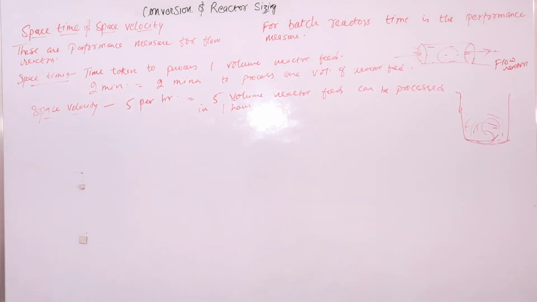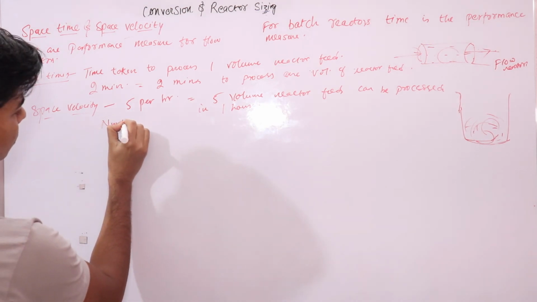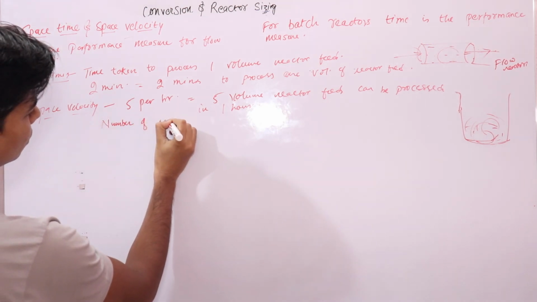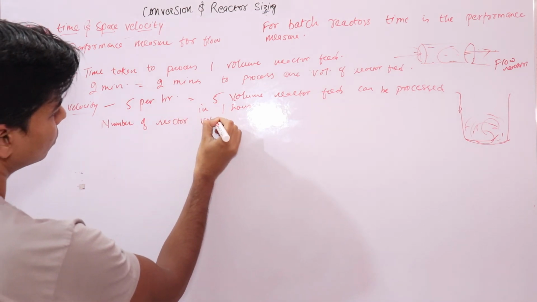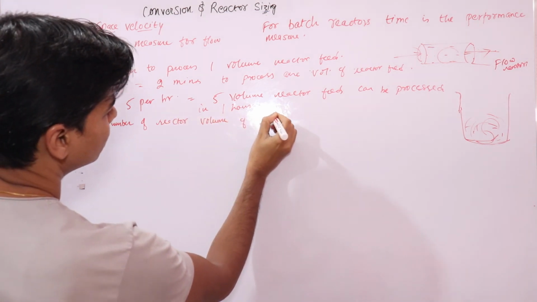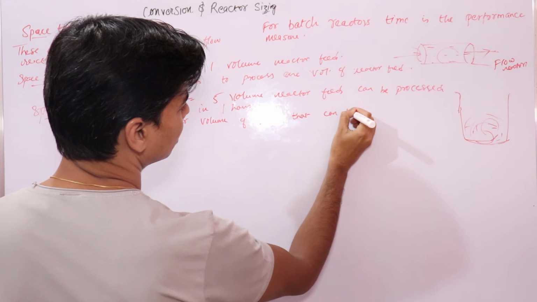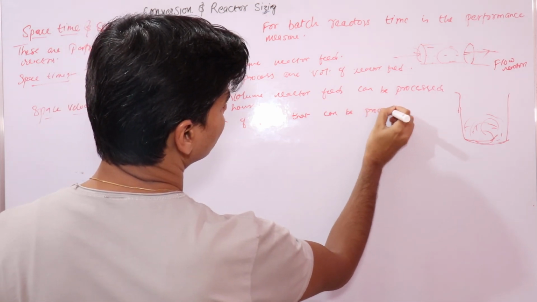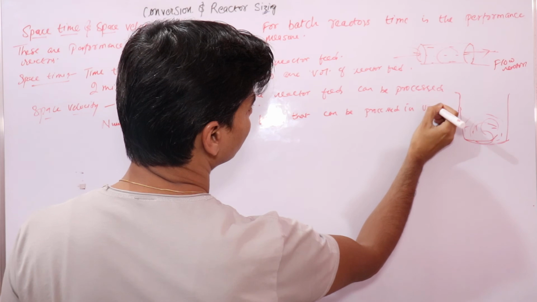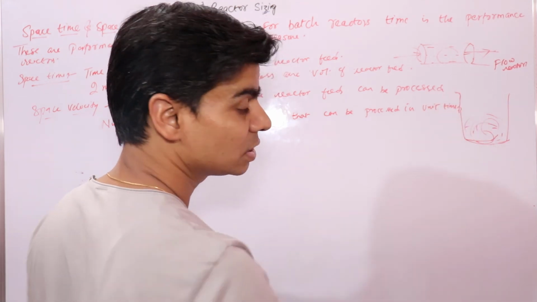The space velocity is the number of reactor volumes of feed that can be processed in unit time, right? That is your space velocity.